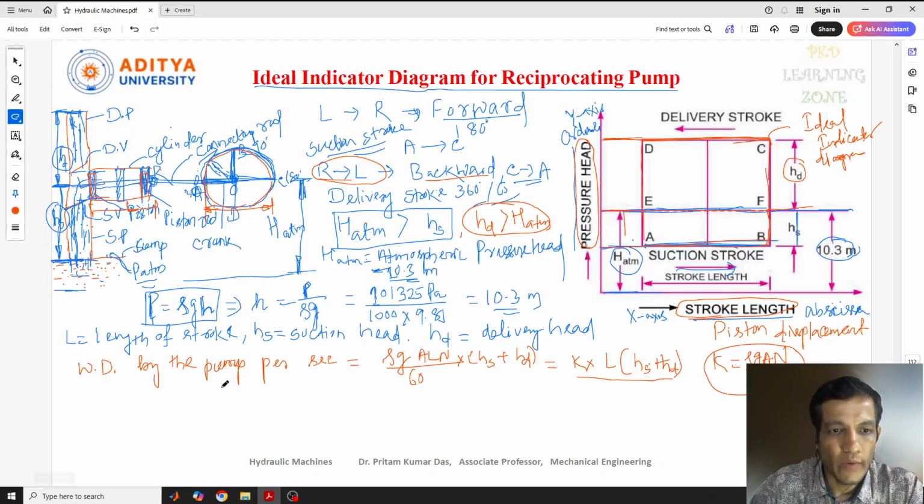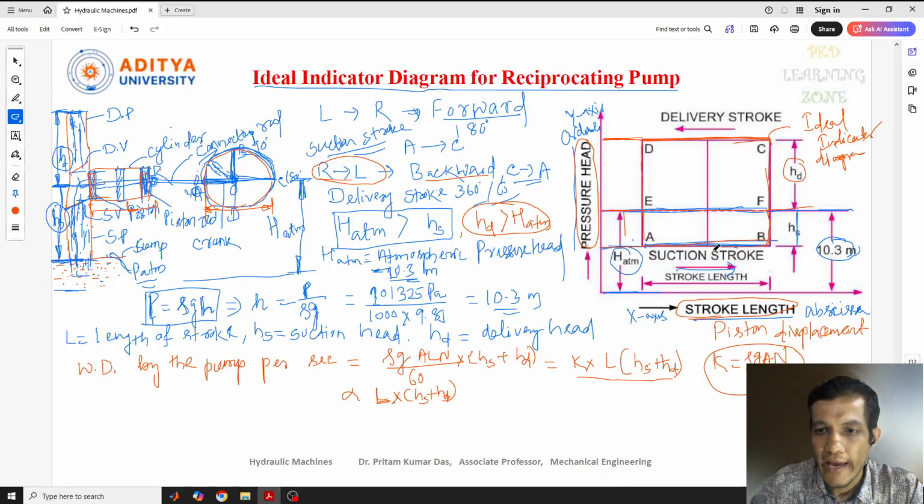Now the work done by the pump per second, since K is constant, is directly proportional to L into HS plus HD. Obviously, directly proportional in the sense that it depends on the stroke length, the suction head, and the delivery head.